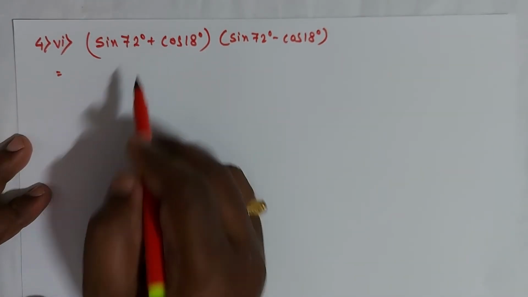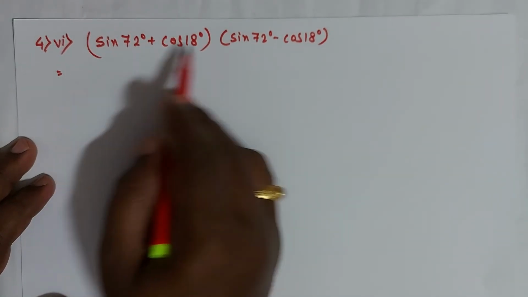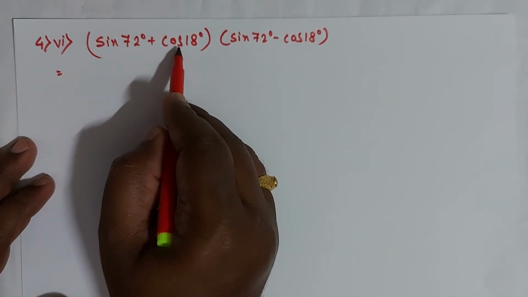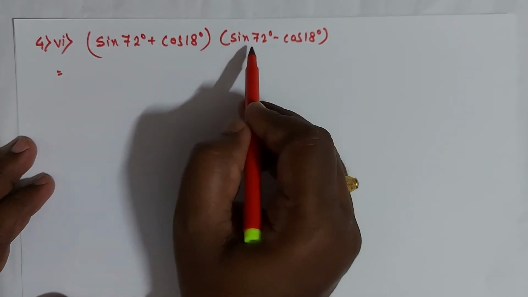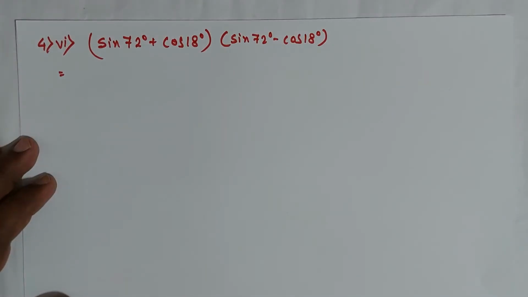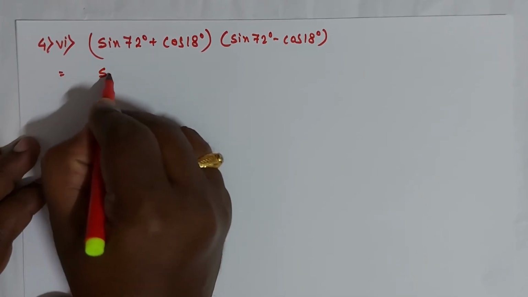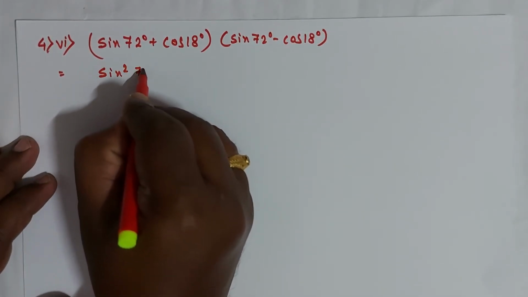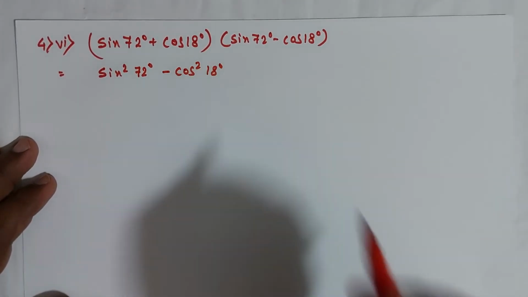If you look carefully, sine 72 plus cos 18 into sine 72 minus cos 18, that means a plus b into a minus b. The formula is a square minus b square, that is the basic formula we know. So here it will be sine square 72 degree minus cos square 18 degree.